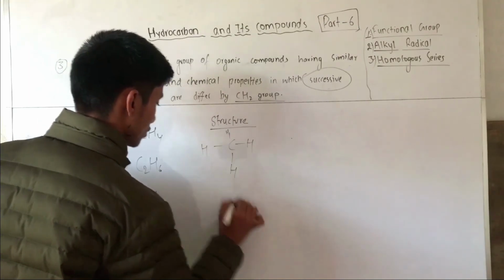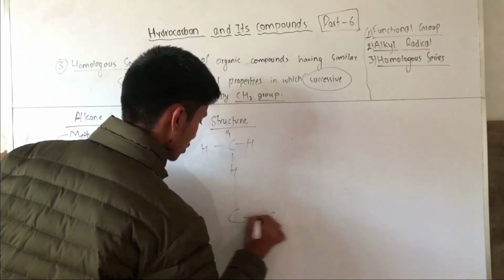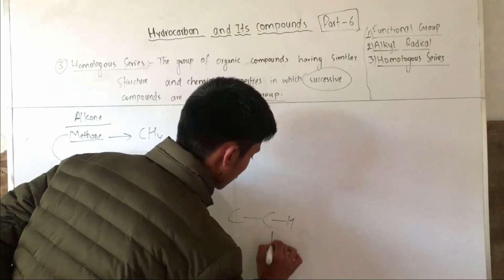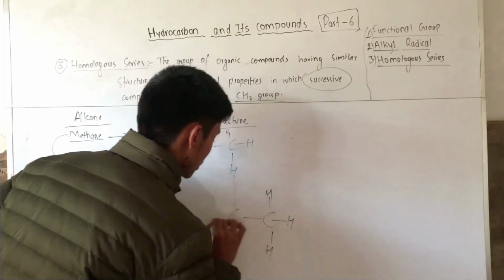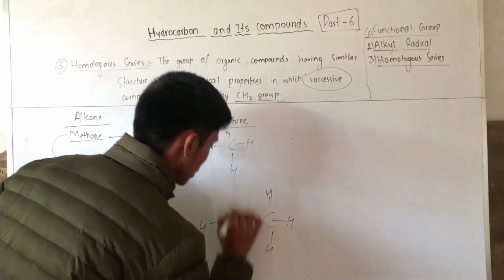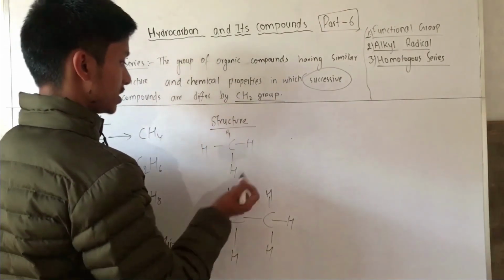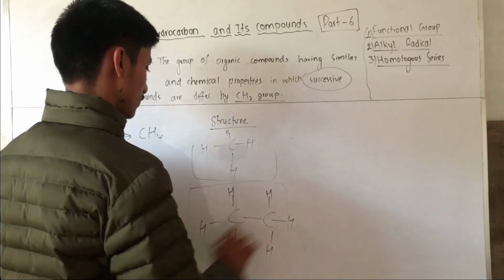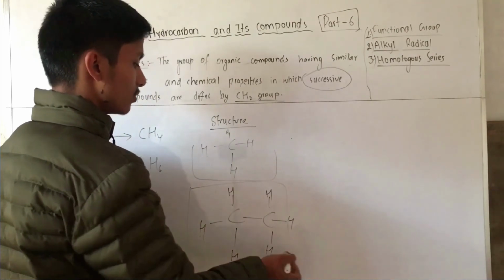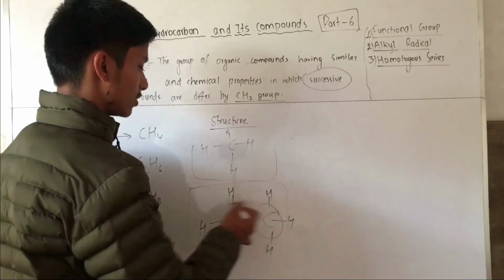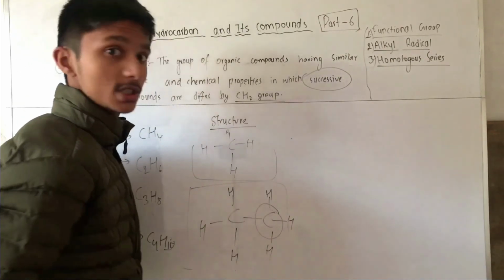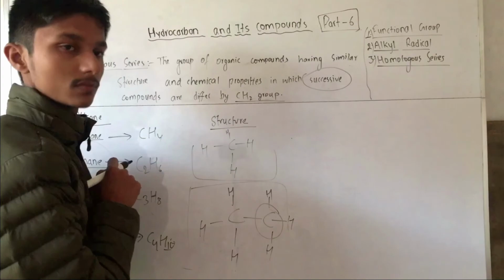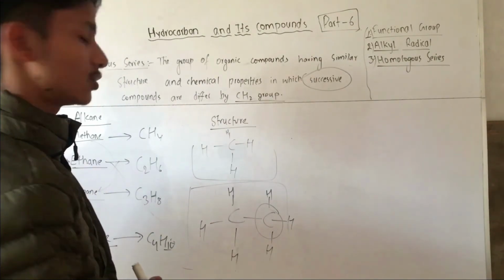And its structure for ethane will be C single covalent bond C, as it is alkane, then 6 H. You can compare its structure and its structure. You find them similar. Only one carbon and 2 hydrogen are added there, but everything else is the same. You can compare it yourself.